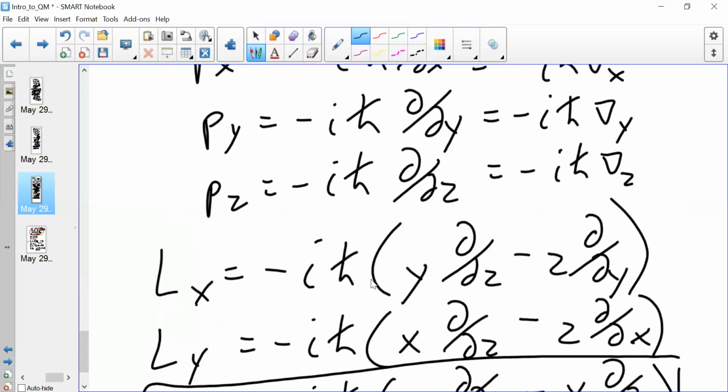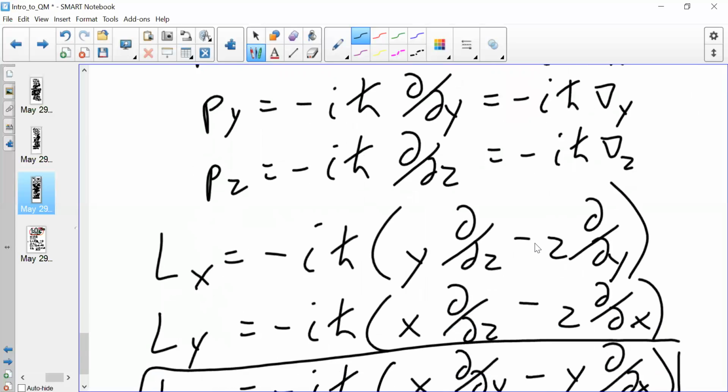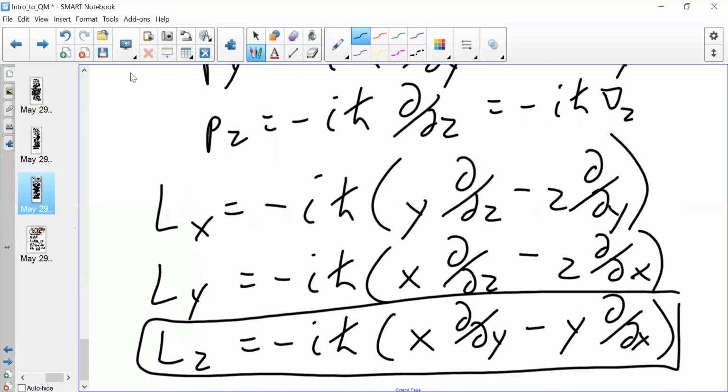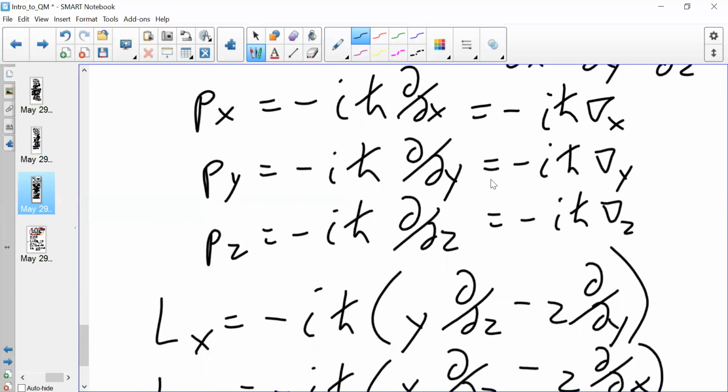That's why I have that here. So negative i h-bar, y del z minus z del y. So all I'm doing is transforming the Lx, Ly, and Lz operators into their quantum mechanical form.